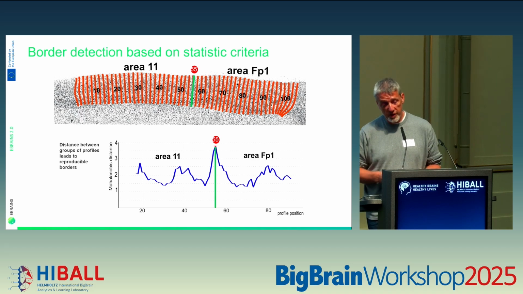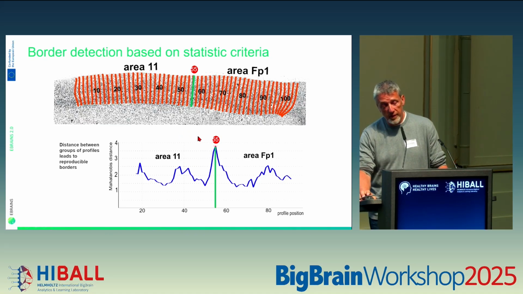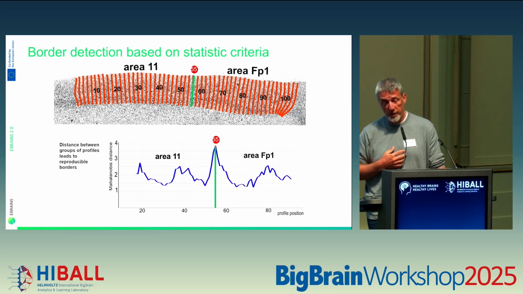So we generate a feature vector, and then we compare the feature vectors of adjacent groups against each other. And if we see statistical differences at specific positions, then we take this as an observer-independent defined border, but this still has to be reproduced on different sections.